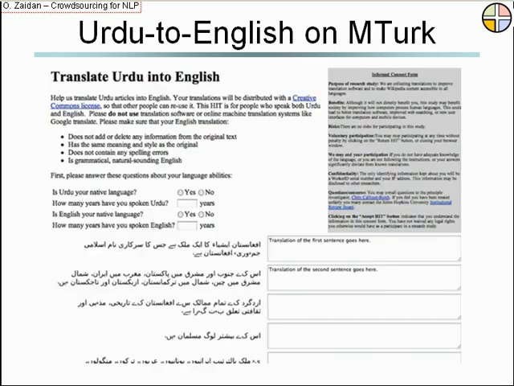So this is our interface for translation. We give them the Urdu sentences and ask them to provide the English translations in these field boxes. We also ask them some information about themselves, such as what is your native language, how long have you spoken Urdu, because this is helpful information.